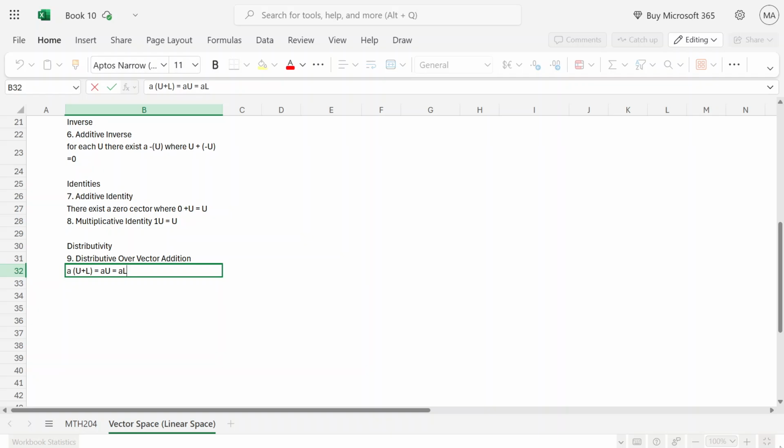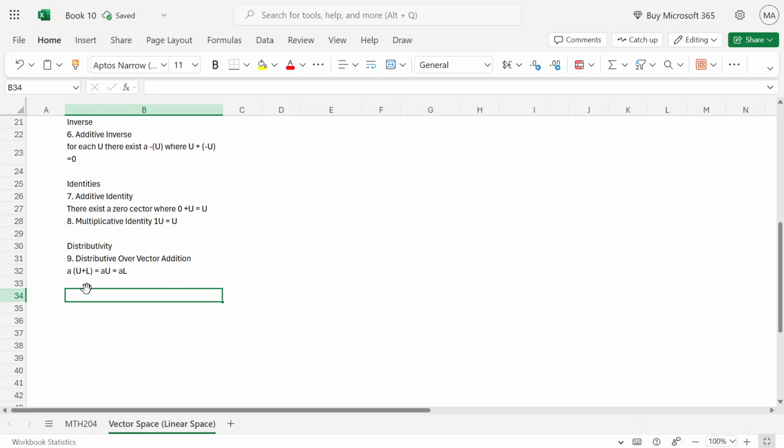And then there's also distributive over scalar addition also. So now let's do this the opposite. And you can prove all these things yourself. If you're asked to prove, you can ask to prove any of these axioms, so you can prove it. So now let's do.